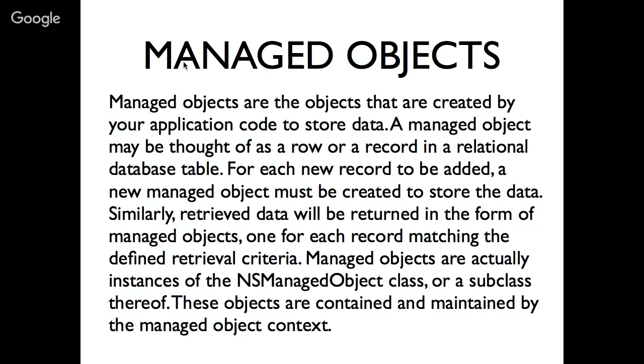So a managed object may be thought of as a row or record in a relational database, like I already mentioned. For a new record to be added, a new managed object must be created to store the data. Similarly, retrieved data will be returned in the form of managed objects, one for each record matching the defining criteria. As an example, I want all records from 10/8/2017.